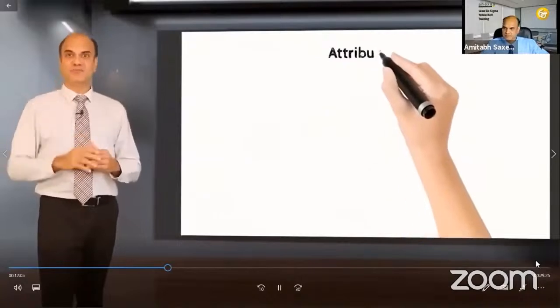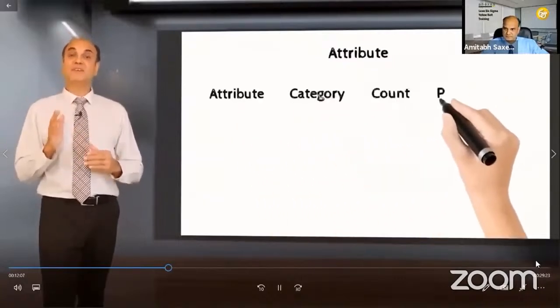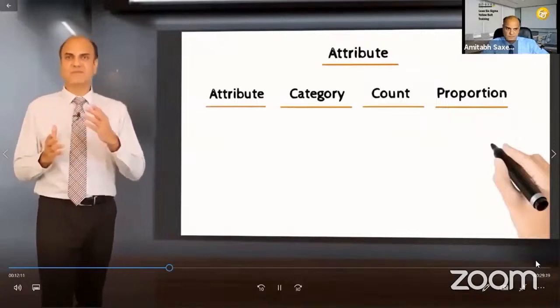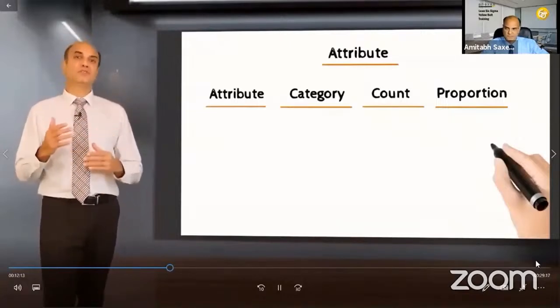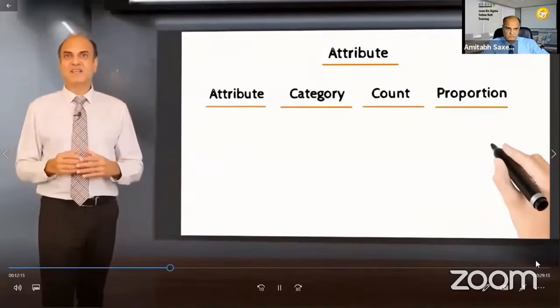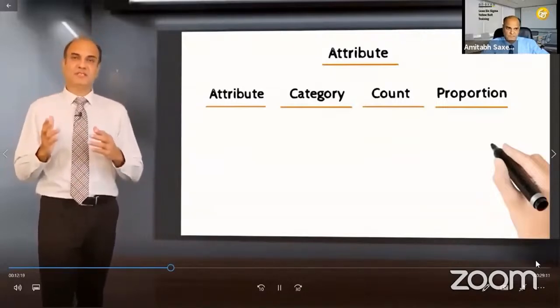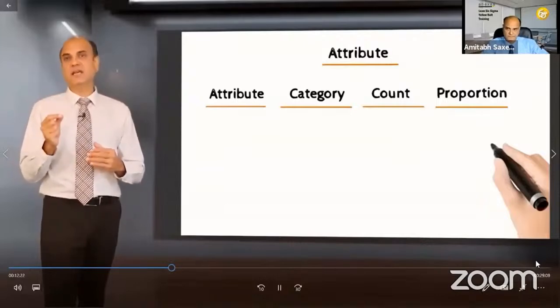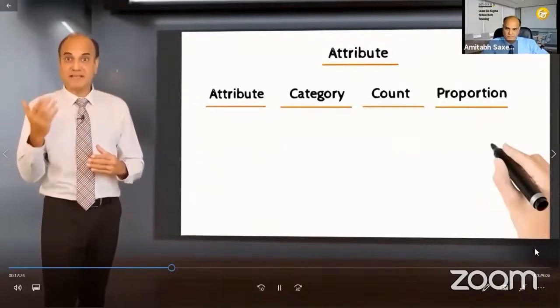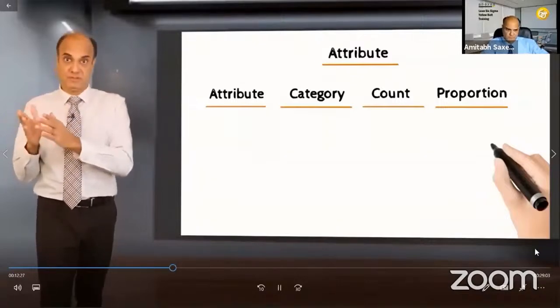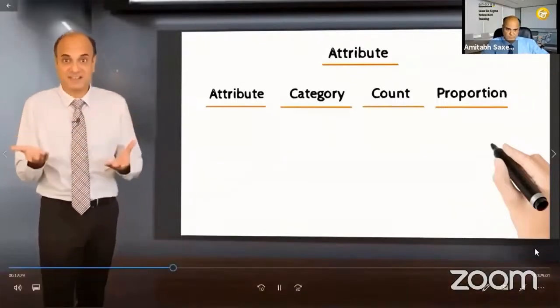Now let us talk about attribute data. Attribute data can be expressed in categories, and categories can be counted. Say, for example, if you want to measure happiness, the easiest way to measure any attribute data is to create a category, and if possible, you can create a binary category. A presence or absence of that attribute can be one of the simplest categories.